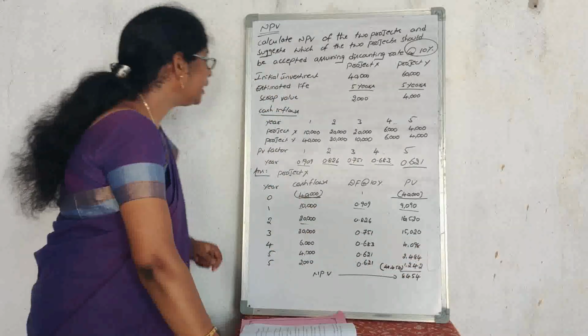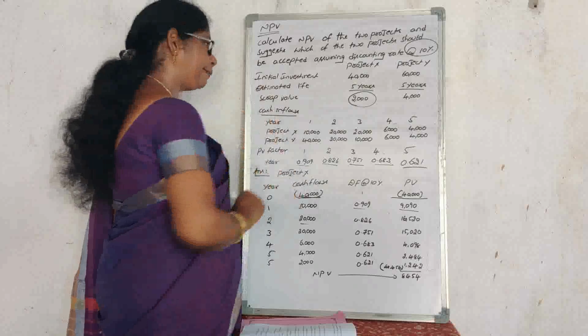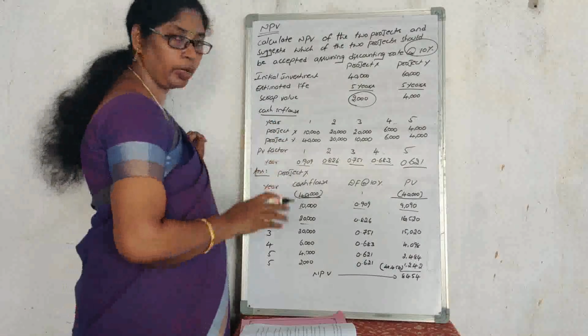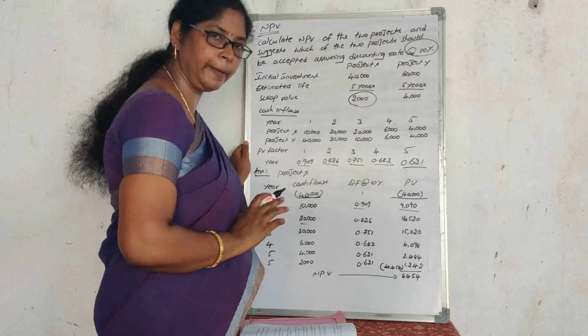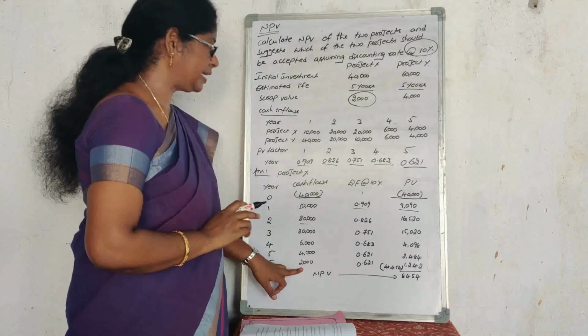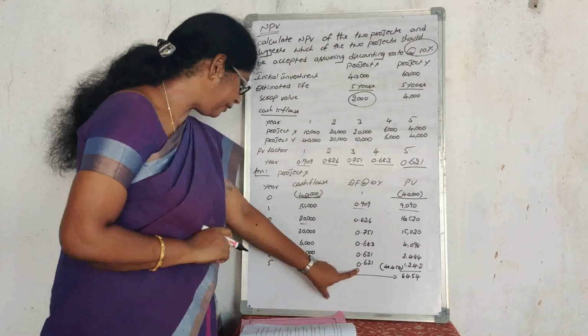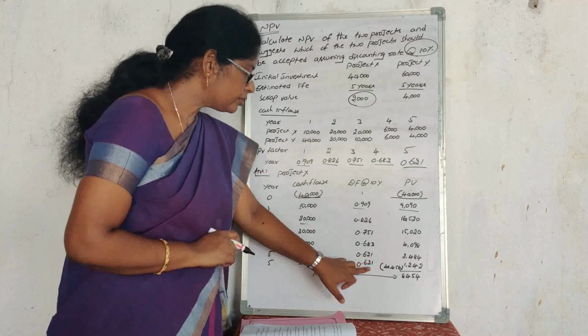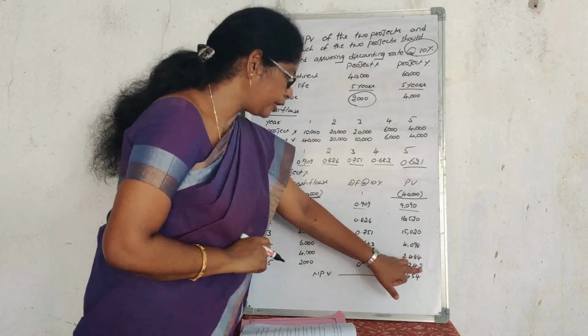In that problem, they have given 2,000 rupees as the scrap value. This is also in that organization. So that's why it needs to be considered. At the same time, you have to calculate it with the discounting value. So 2,000 rupees as a scrap value. What is the PV factor value in the fifth year? 0.621. The total value will be 1,244.